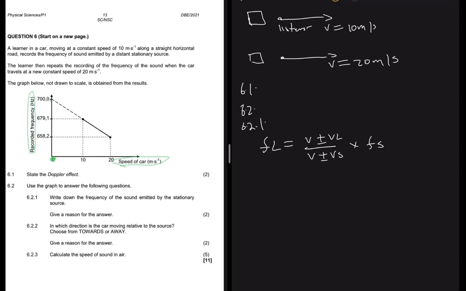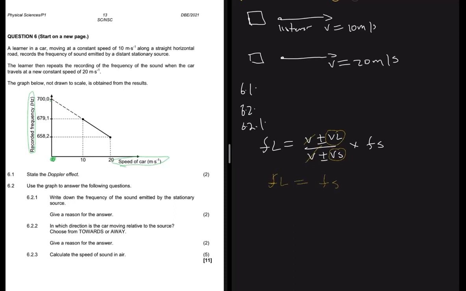For us to find the frequency emitted by the sound source using this equation, we need the frequency observed by the listener to be equal to the frequency emitted by the source. For that, we need VL, the velocity of the listener, to be equal to the velocity of the sound source, so that they cancel out, and at the end we have FL equals Fs.